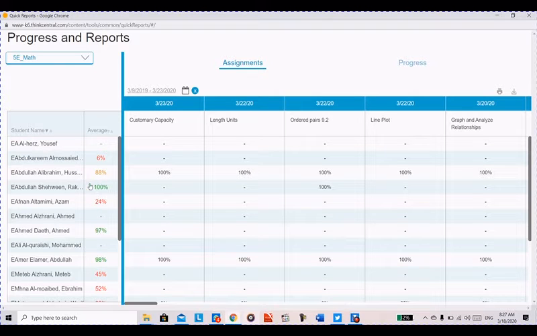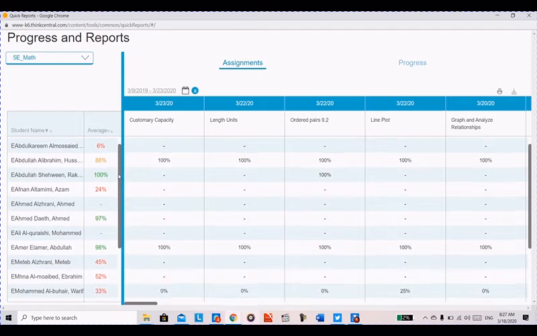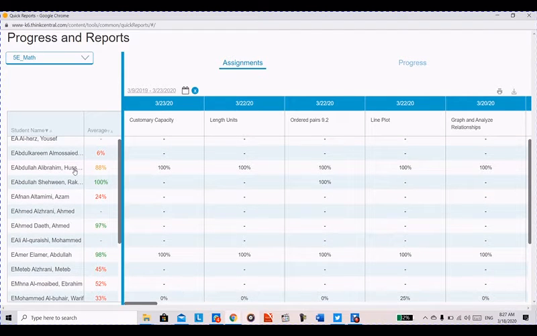Now, we have here the first one, which is Hussein, I think. He accomplished all our previous homeworks. The last 4 homeworks, he completed.